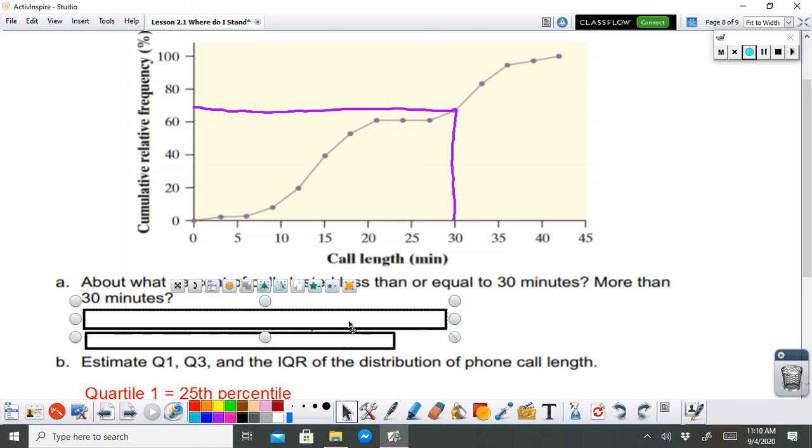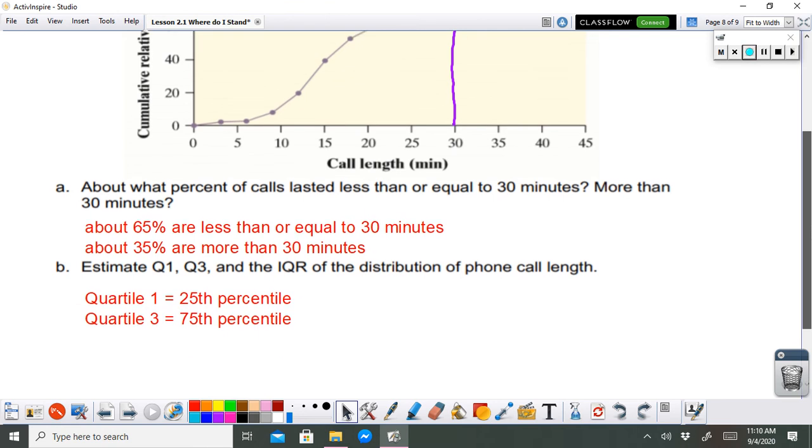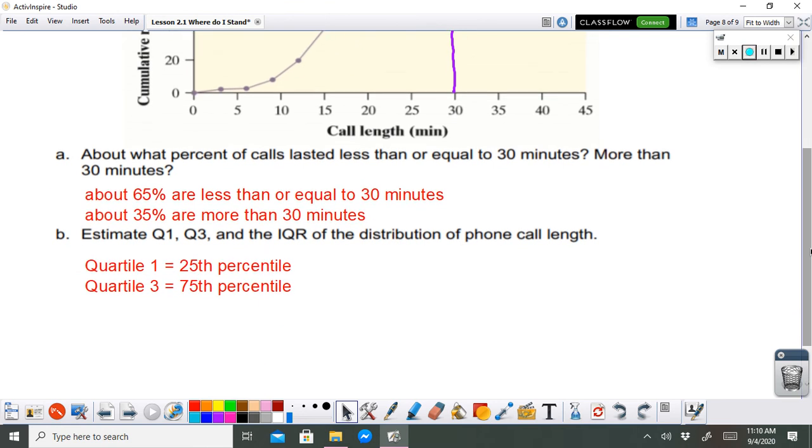And that would be about 65%, right? 65% are less than or equal to 30 minutes. So if 65% are less than or equal to 30 minutes, for more than 30 minutes I'll just subtract from 100%. So 100% minus 65% and I'll get 35%. So 35% are more than 30 minutes. Okay? Hopefully this is making sense.